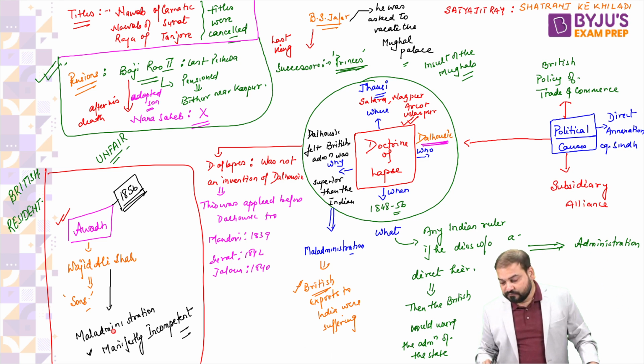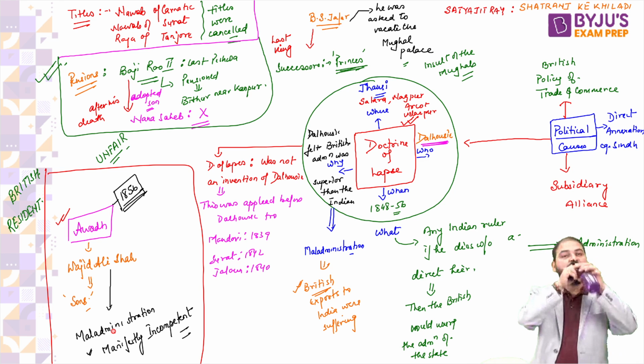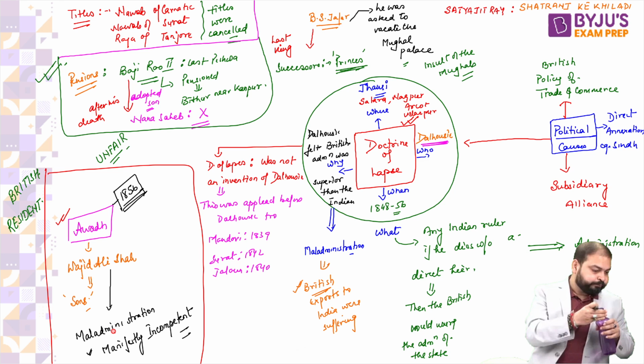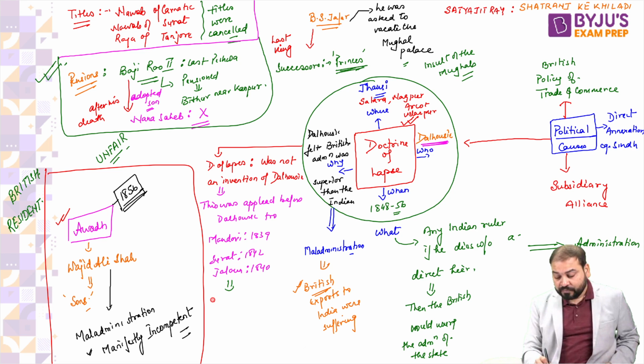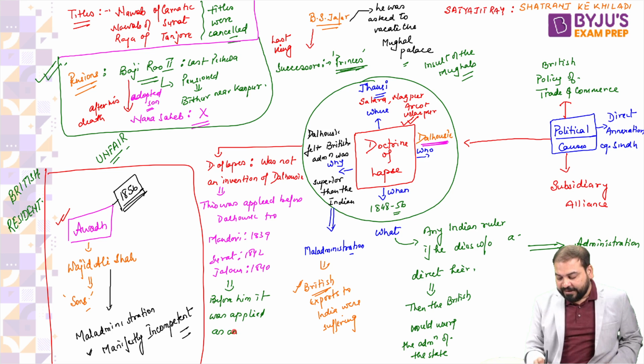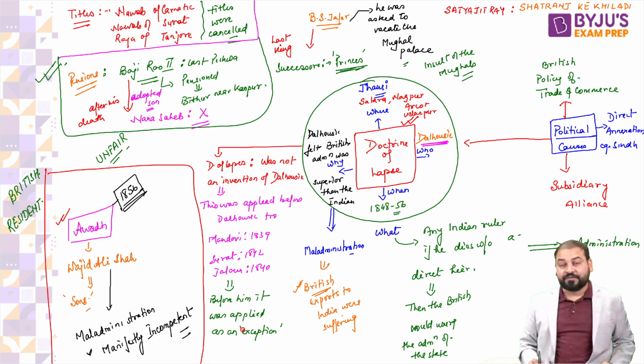Anandu is correct. Zeba is correct. I'm sorry. Sham is correct. Most of you are writing correct. The reason is, before him, it was applied as an exception. That means we applied it in one case, did not apply in another case.